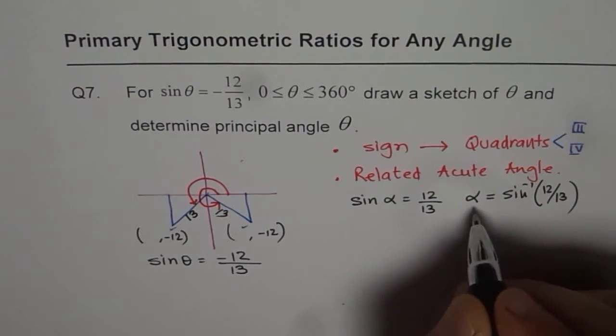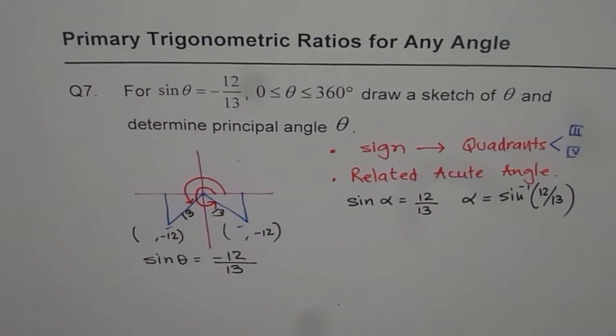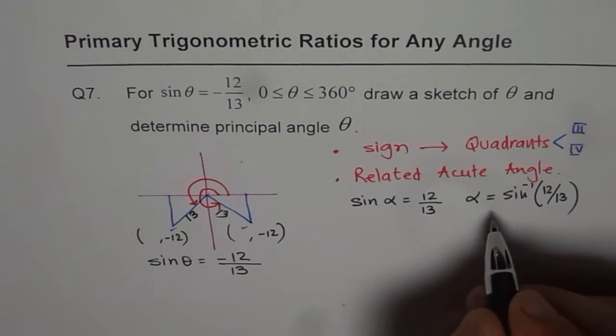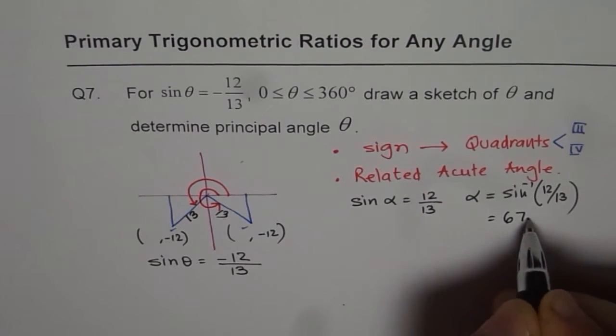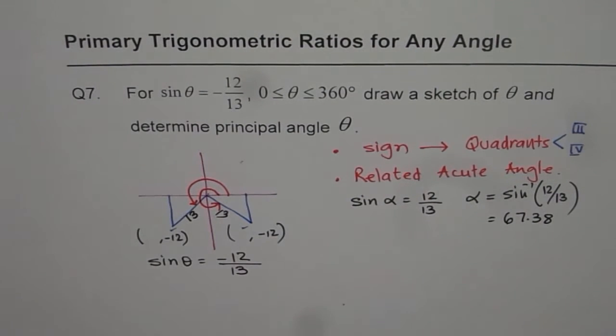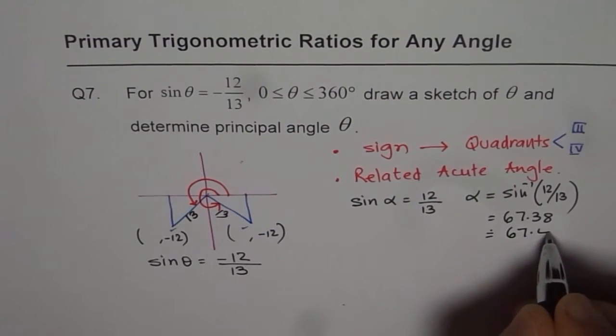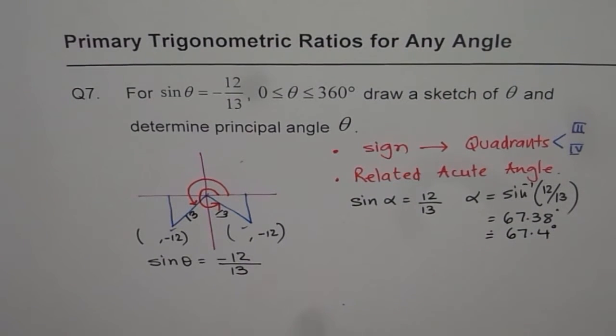Let's find the acute angle alpha using the calculator. Second function, sine inverse of 12 divided by 13 gives 67.38. Let us round it to one decimal place, so we get 67.4 degrees as our angle alpha.